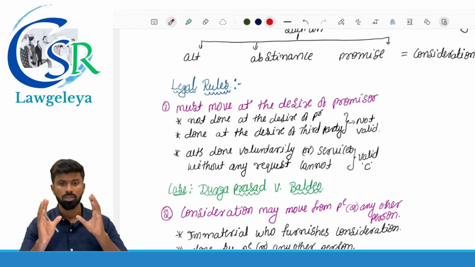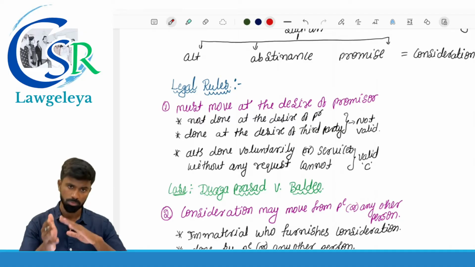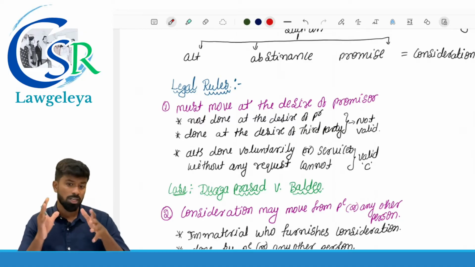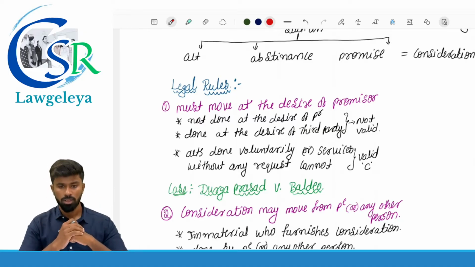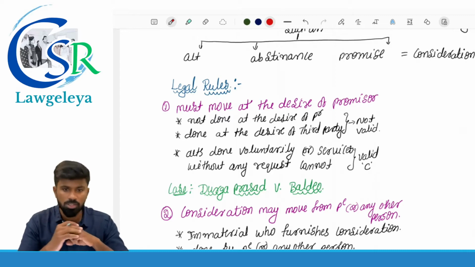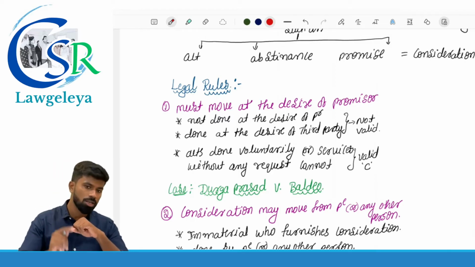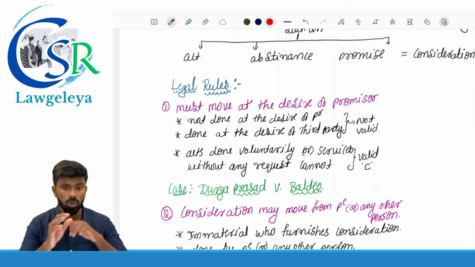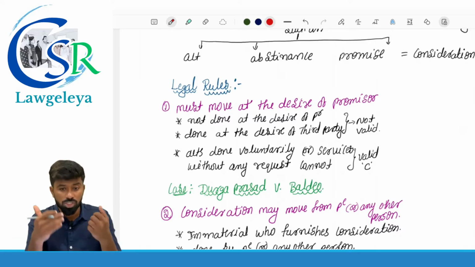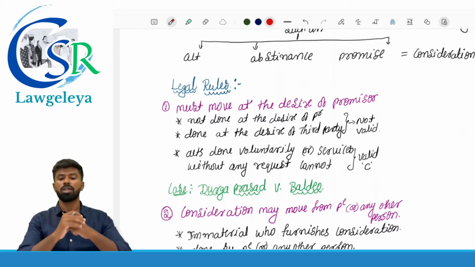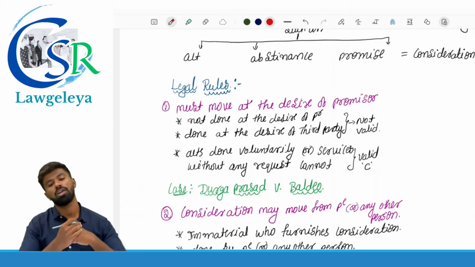Consideration should move at the desire of the promisor. If it is not done at the desire of the promisor, or if it is done at the desire of a third party, it is not a valid consideration, and acts done voluntarily or services without any request cannot be considered valid consideration.